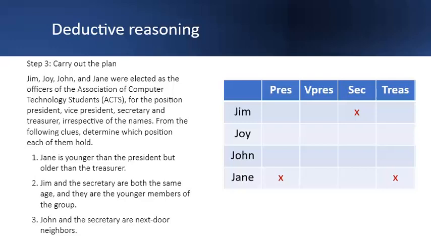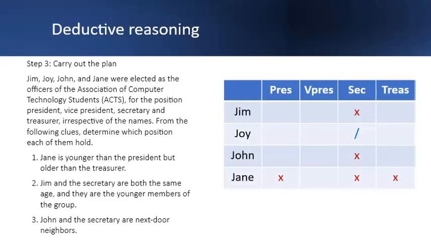This implies then that Jim is not the secretary also. For the third clue, John and the secretary are next door neighbors. This statement also tells us that John is not the secretary. At this point, we already have used the three clues. Our strategy now is to find relationships between statements.